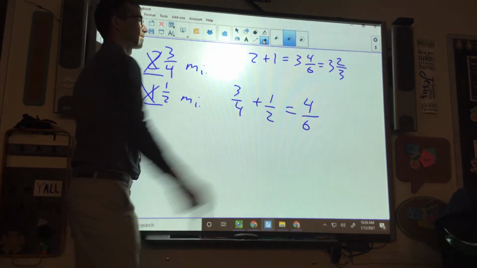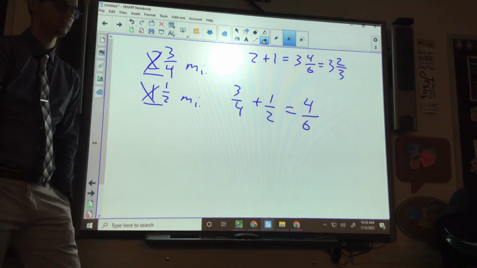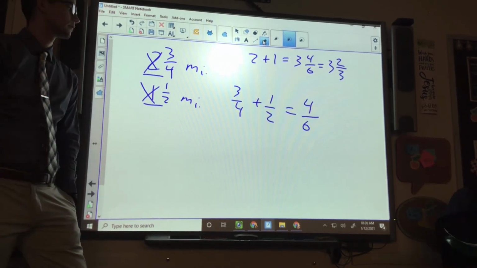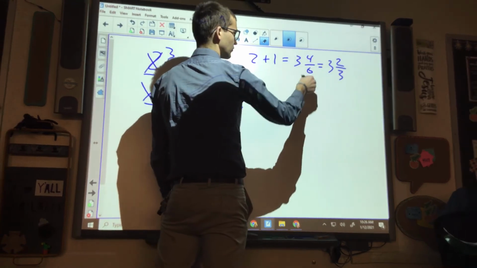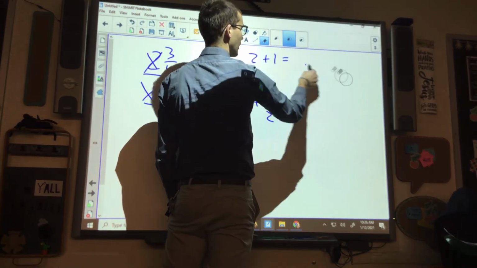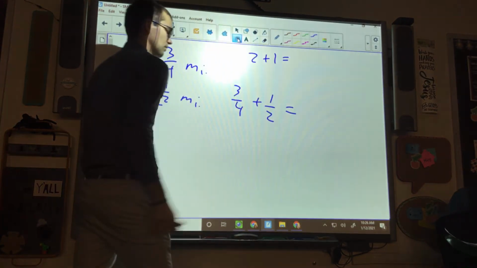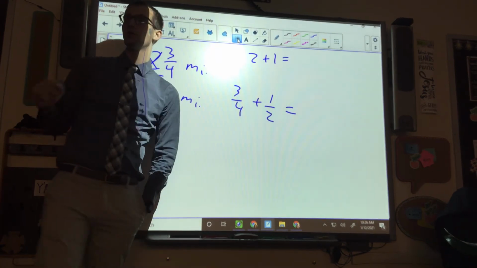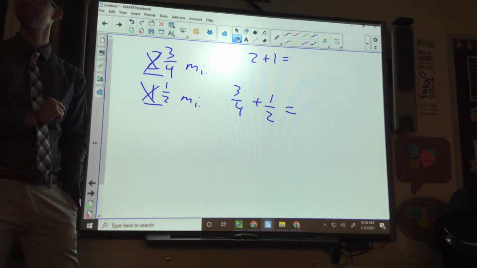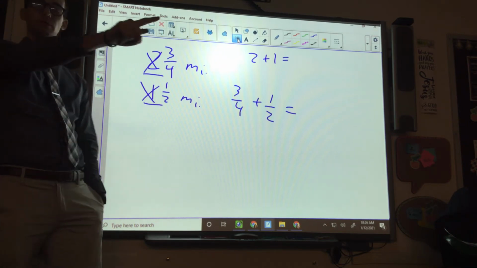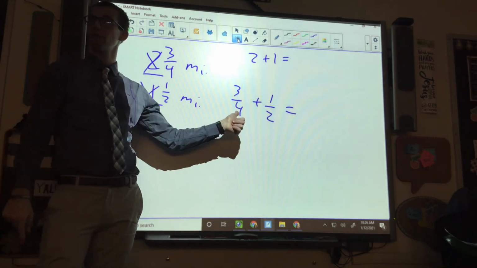You have to have the same denominator. You have to get the denominator the same. So I'm erasing all that. What number do both 4 and 2 go into? 8. There's a smaller number. 4. Yep. Do you have to make a number bigger?